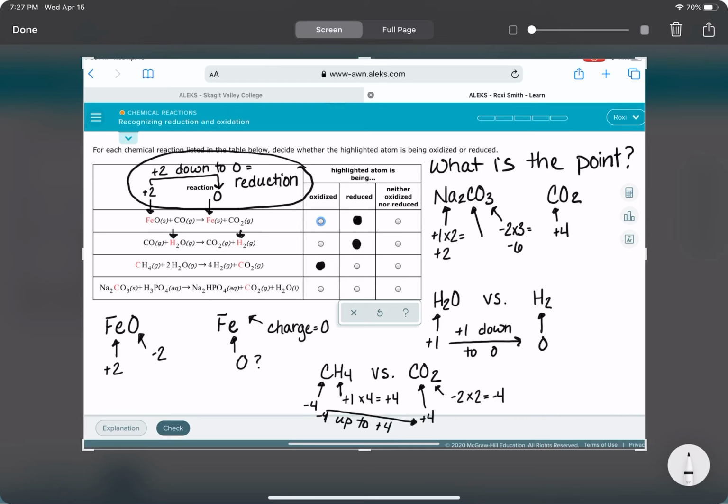So what do we need this carbon to be so that this number and this number and this number adds up to 0? It looks like it needs to be a +4. So here we are going from an oxidation number of +4 to +4. No change. If there's no change, it is neither oxidized nor reduced.